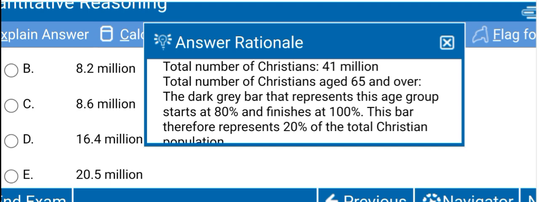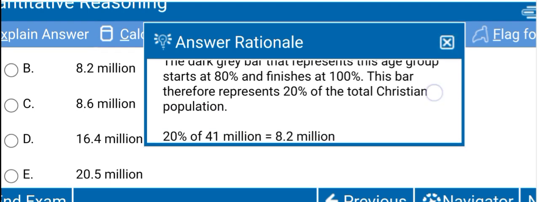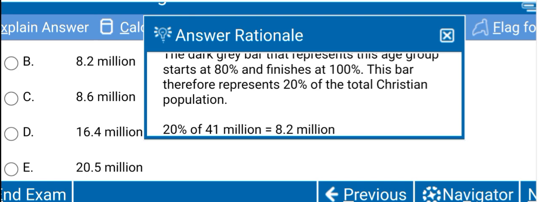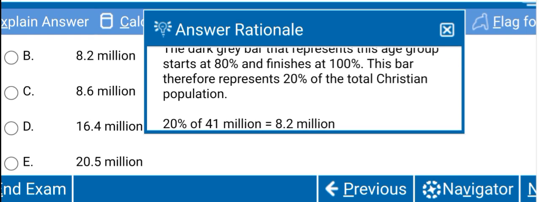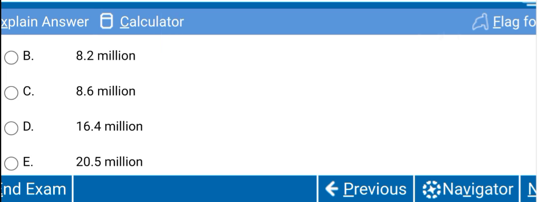This bar therefore represents 20% of the total Christian population. So 20% of 41 million equals 8.2 million. So that's how we can say option B is the correct option, which is 8.2 million.